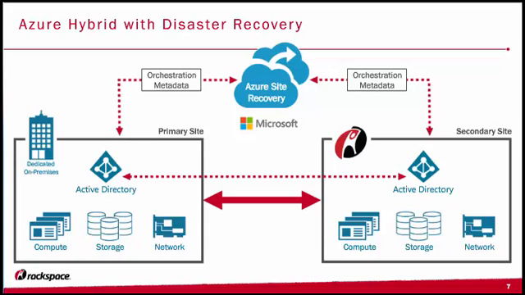You can use ASR to move and replicate your VMs from Hyper-V to Hyper-V. You can do the same thing, oddly enough, with VMware. That's relatively new. And then physical servers, even being able to replicate a physical server environment from one data center to another or from your site to Azure. All of those capabilities are there.